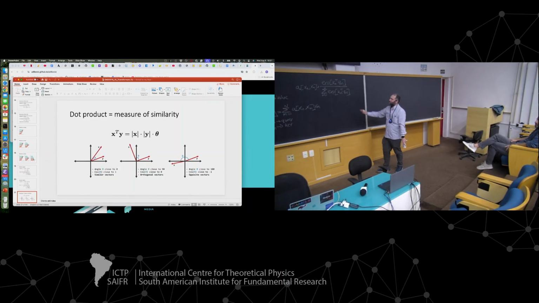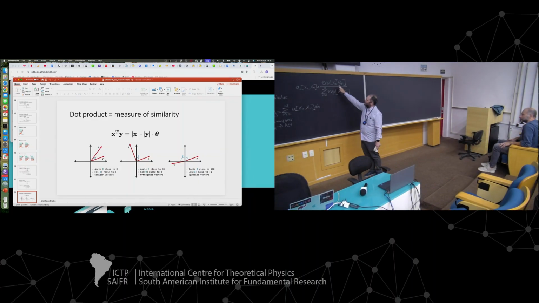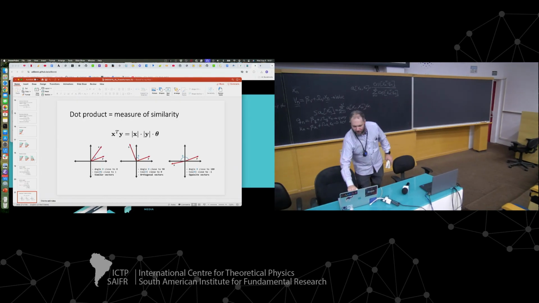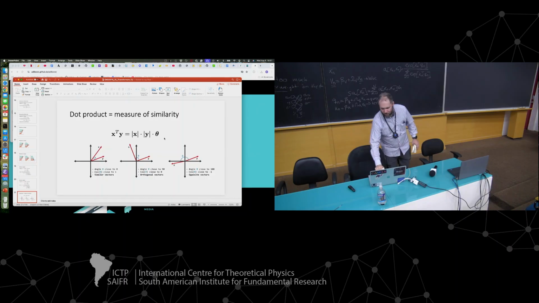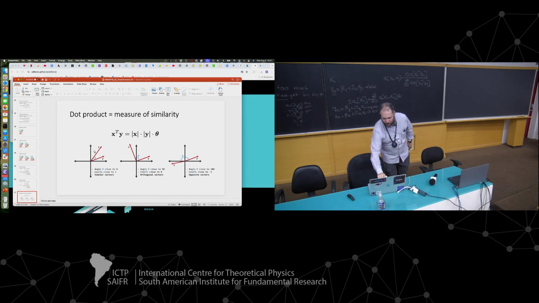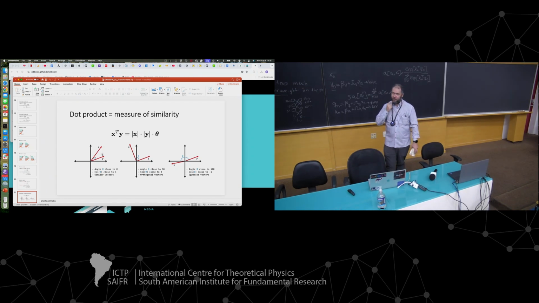Okay, so let's break this down. These are vectors. Think of these as vectors, right? So the scalar product of two vectors, I said products, which is actually incorrect, is the modulus of them times the cosine, okay? So if two vectors are very similar, what is going to happen with this product? It is going to be large, right? It's going to be large.